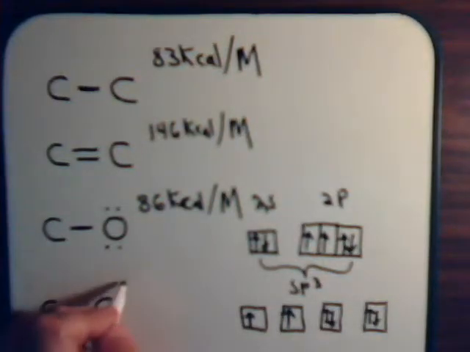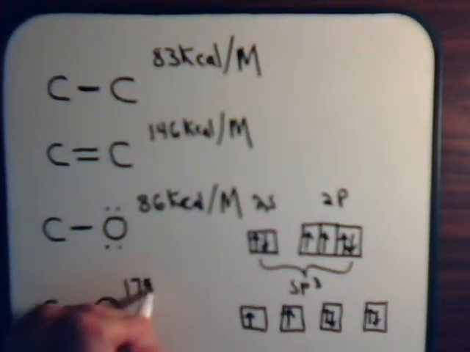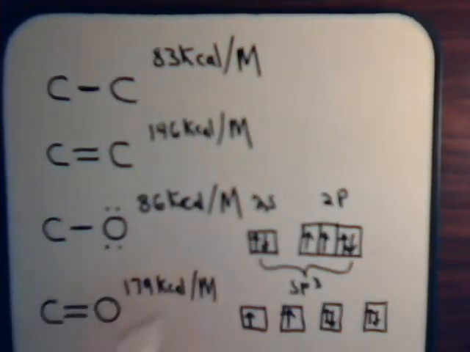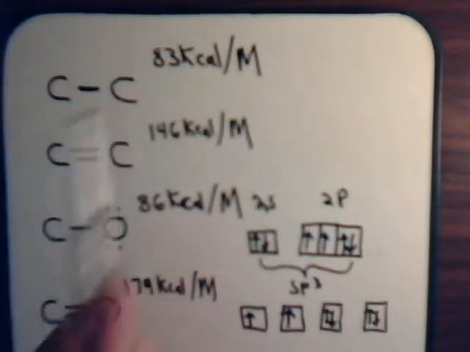Here, it is 179 kilocalories per mole. But notice the double bond here is more than twice the strength of the single bond here, 179 versus 86. Here it's slightly less.